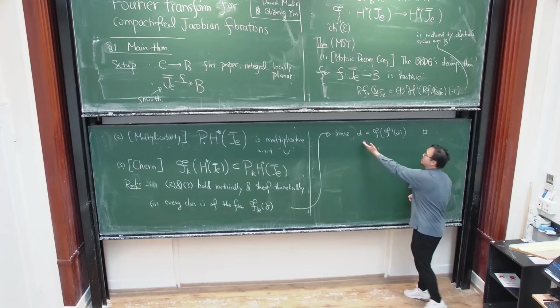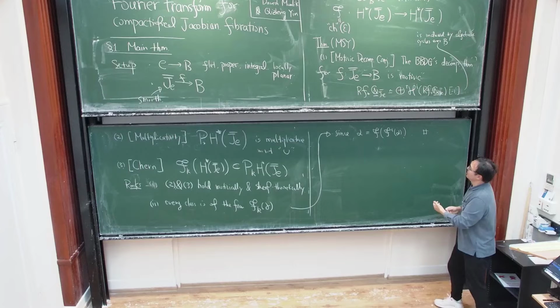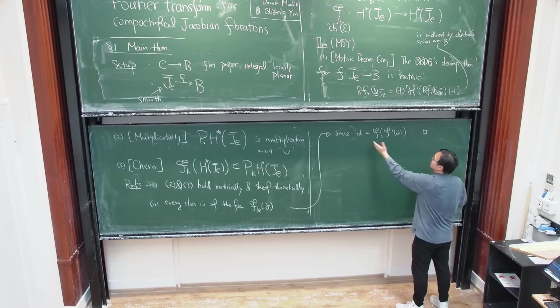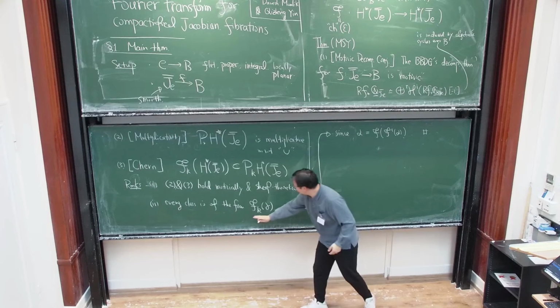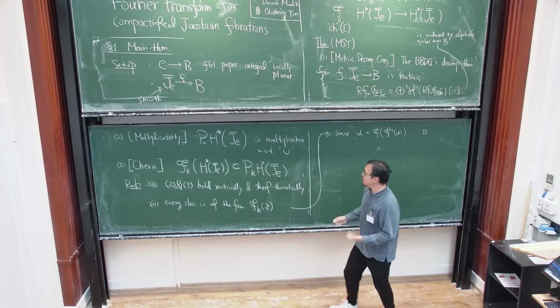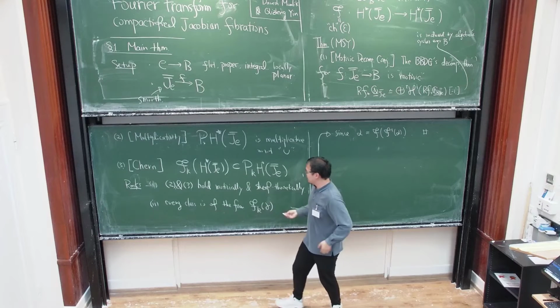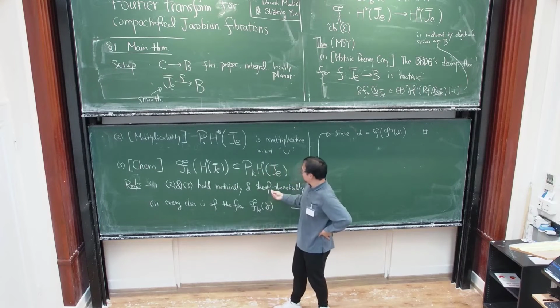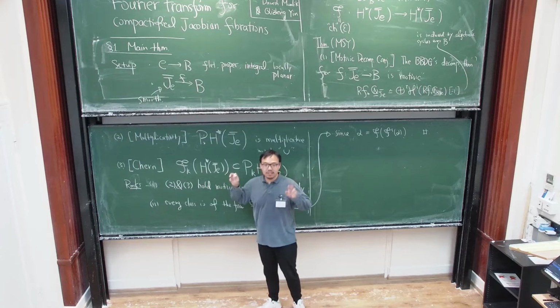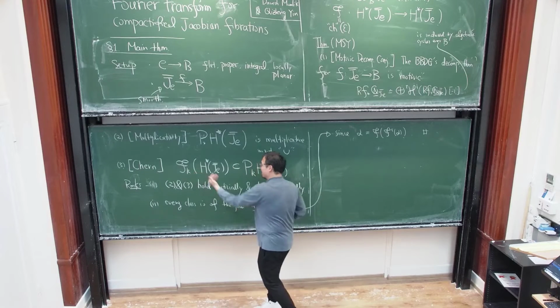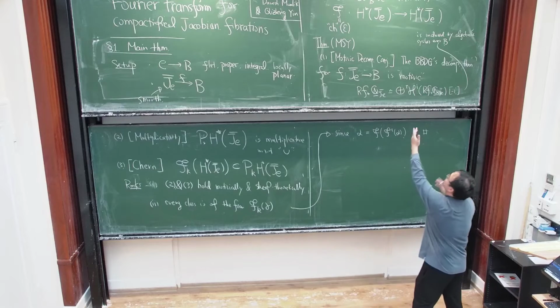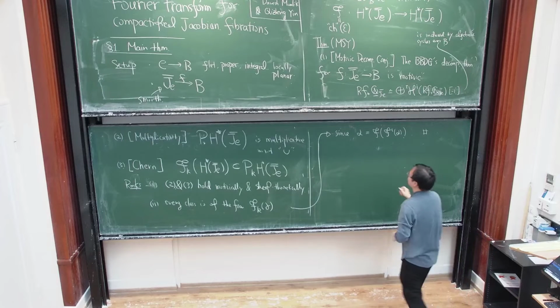Therefore, any class can be generated by classes of this form. So in particular, using 3, we are able to understand the perverse filtration by the Chern filtration if we enlarge the set of tautological classes.